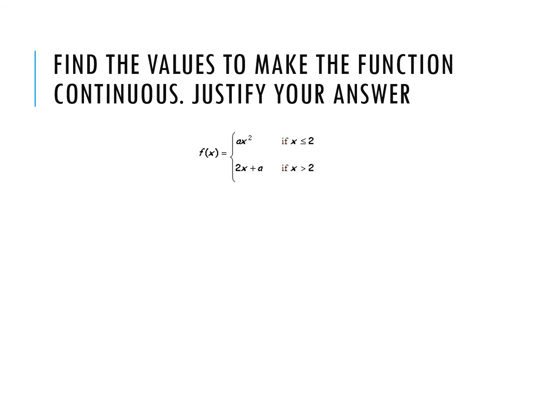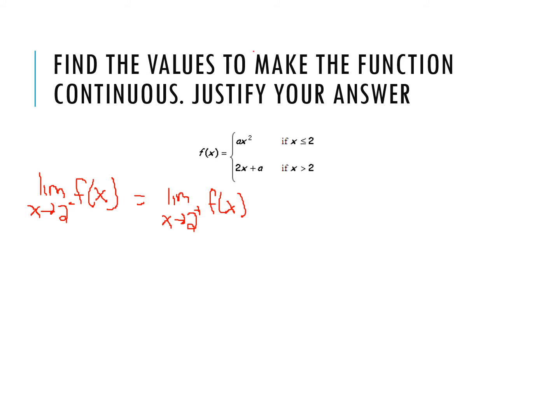So we're going to start by writing the limit as x approaches 2 from the left of f of x must equal the limit as x approaches 2 from the right of f of x. Okay, and so we're going to just substitute in the value of 2 into x.